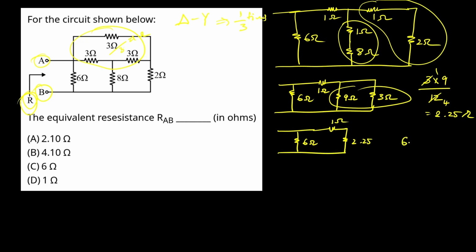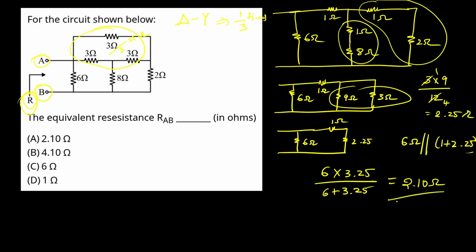So 6 ohms in parallel with 1 plus 2.25 ohms, which is equal to 6 in parallel with 3.25. 6 into 3.25 by 6 plus 3.25, which is equal to 2.10 ohms. So what is the correct option for this question? Option A is the correct answer.